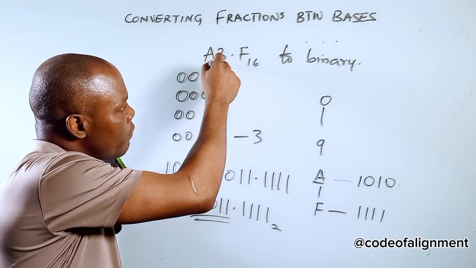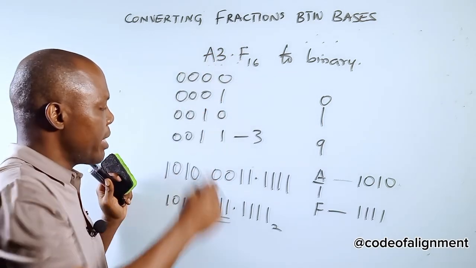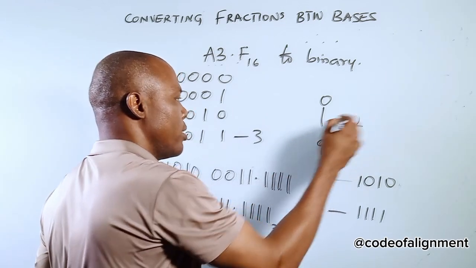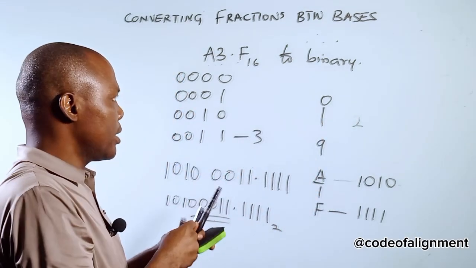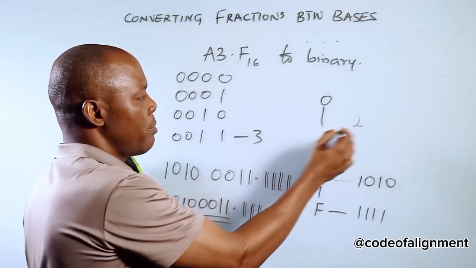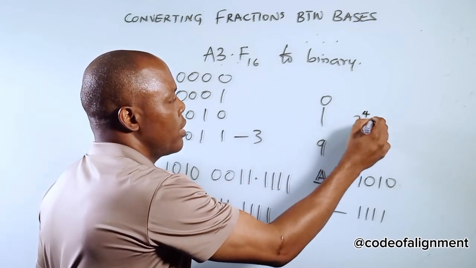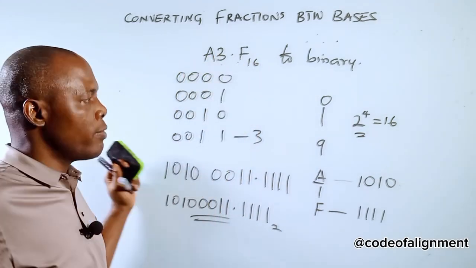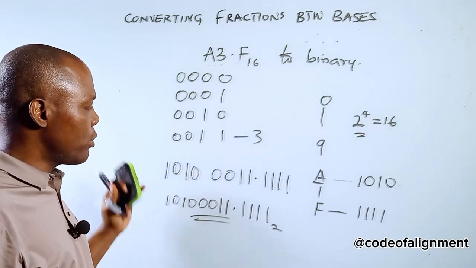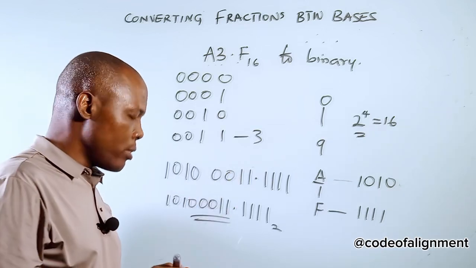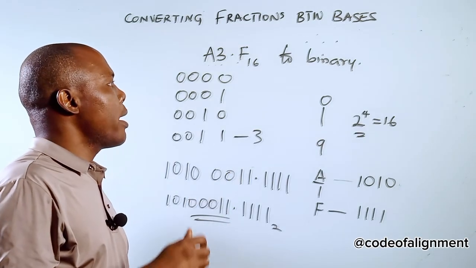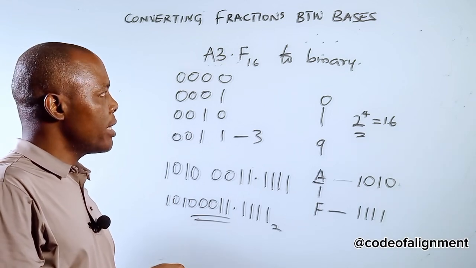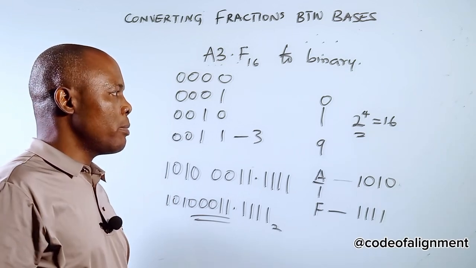Just convert each of the symbols to their binary format and then put them together, because it's very easy to obtain 16 from binary, which is 2 raised to the power 4 equals 16. So just convert it to 4 bits and then put them together. That is how you do binary to hexadecimal to binary.